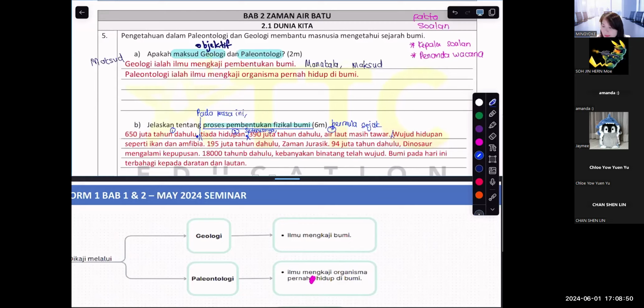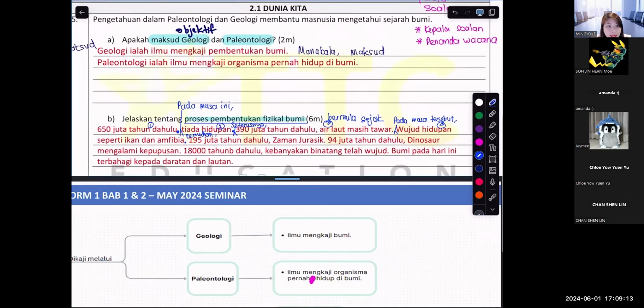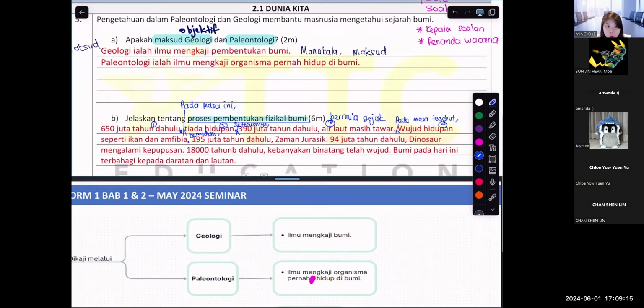Then you can actually write pada masa tersebut wujud hidupan seperti ikan amphibia. Stop. Like this already what? 4 marks. Then kemudian 190 juta tahun dahulu. You see? Then this is 5 marks. Zaman Jurassic.